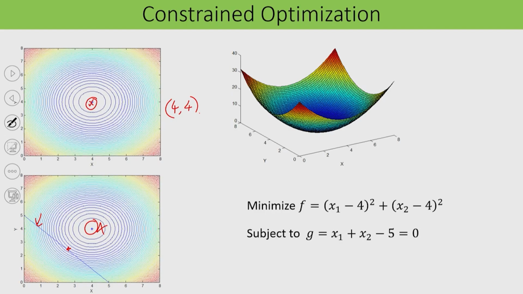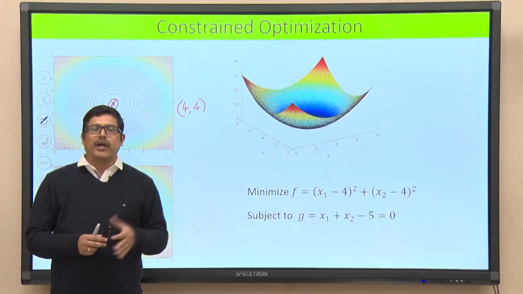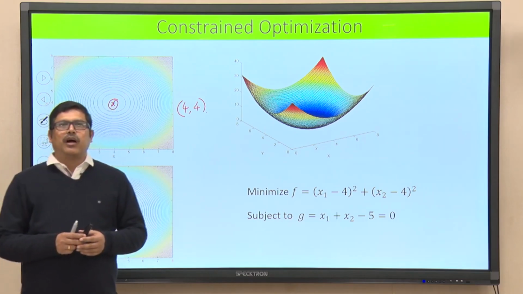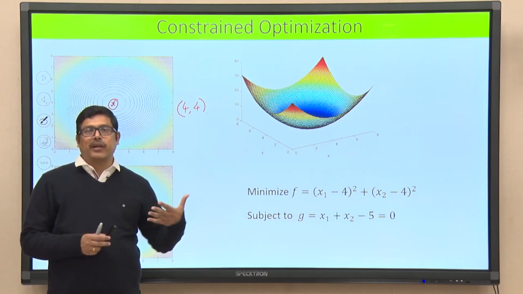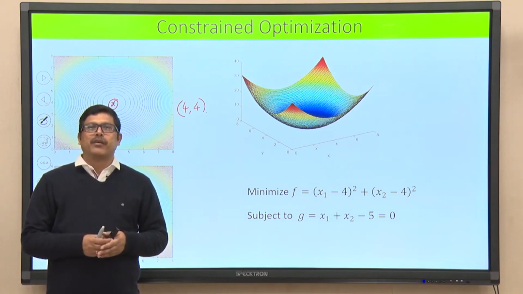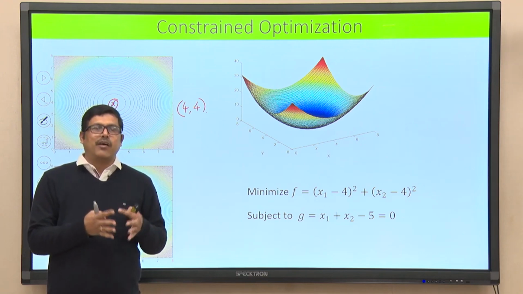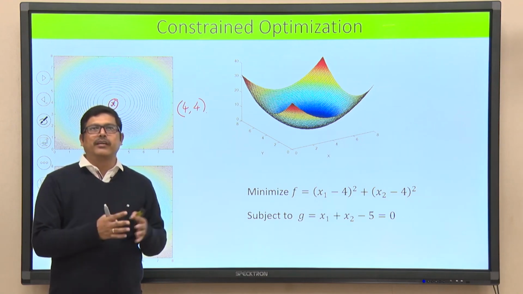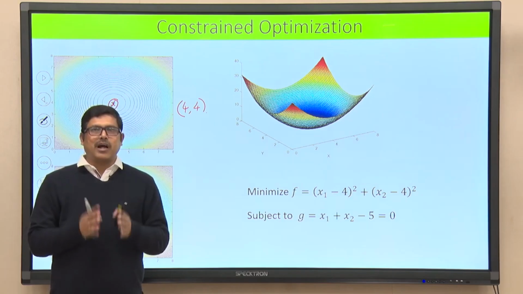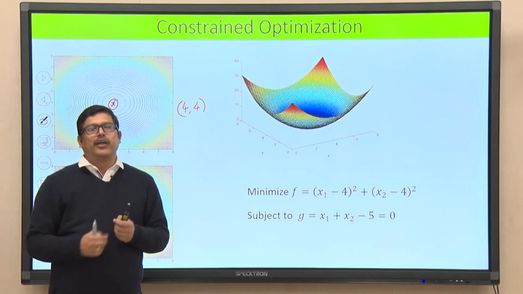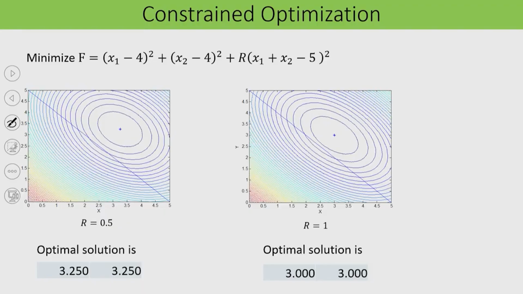So, let us start the iteration. What method have we used? We have used the exterior penalty method. Therefore, we have to start our iteration from a smaller value of r and then increase it. We cannot start our algorithm with a very large value of r and then decrease it.